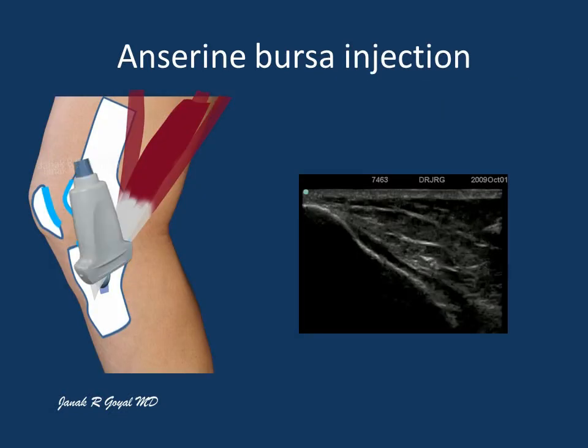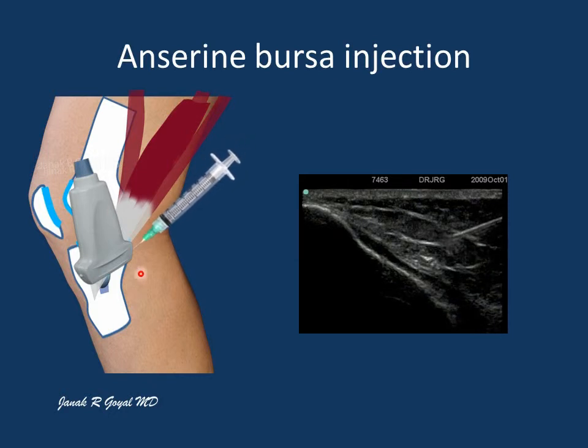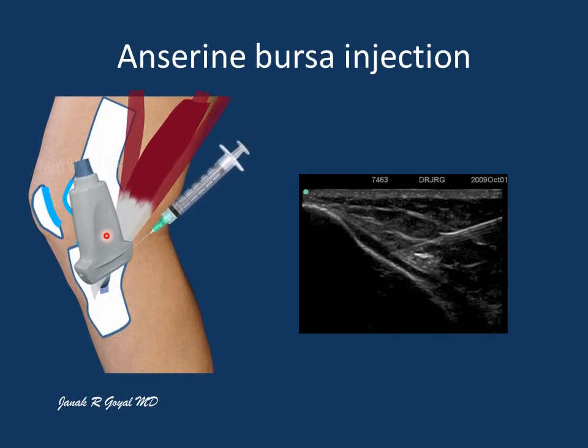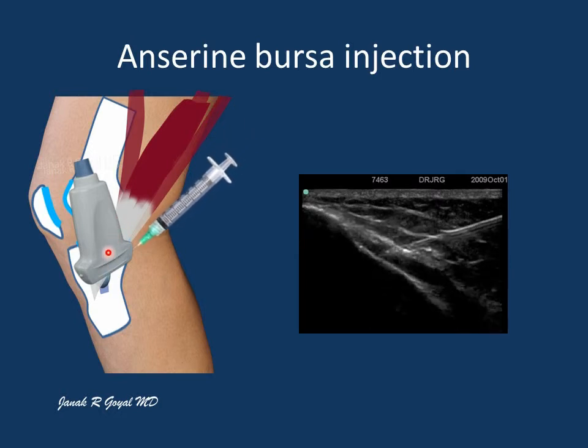For the injection of pes anserine bursa, the patient is placed supine with 20 to 30 degree flexion of the knee joint and external rotation of the leg. The transducer is placed on the long axis of the pes anserine tendon in an oblique orientation to the knee joint.